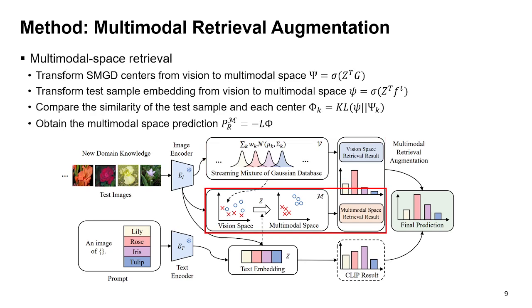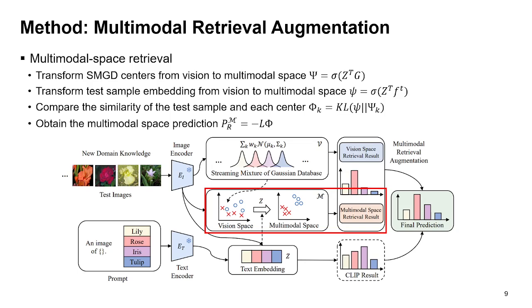Since CLIP's joint vision-text optimization does not explicitly optimize vision space similarity, we transform the Gaussian centers into a multimodal space using text embeddings. To do that, we multiply the vision space center means G with the text embedding, and multiply the test sample embedding with the text embedding.